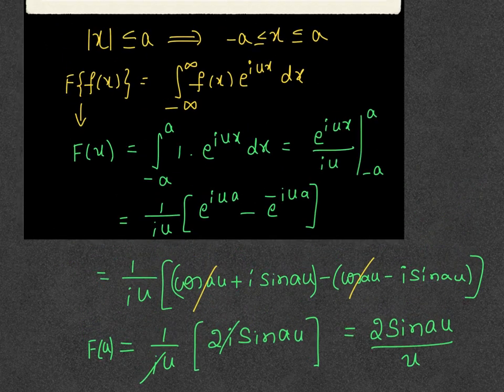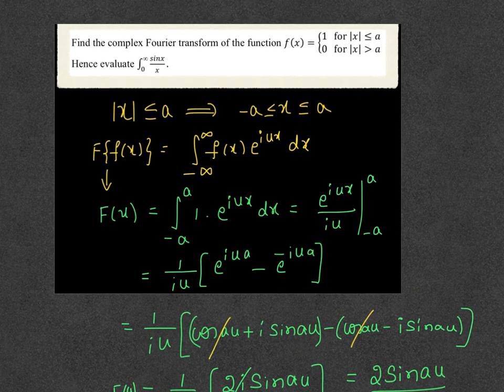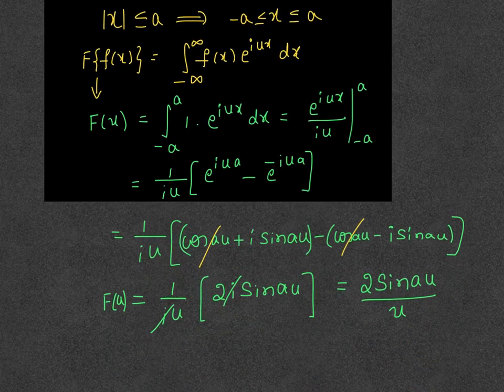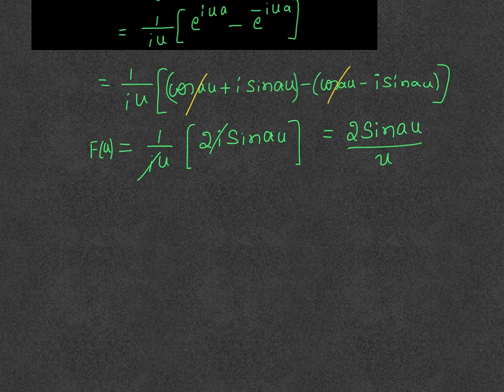Now the question is what? Obtain the Fourier transform of the function, that we have done. Now we have to evaluate the result integral 0 to infinity sin x by x. So when you are evaluating the result like this, we have to use the inverse Fourier transform.